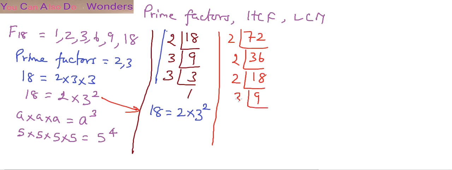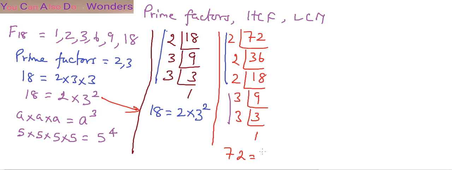It's divisible by 3, so 3 times 3 is 9, then 3 by 3 is 1. Therefore, how many times does 2 occur? 3 times, and 3 occurs 2 times.